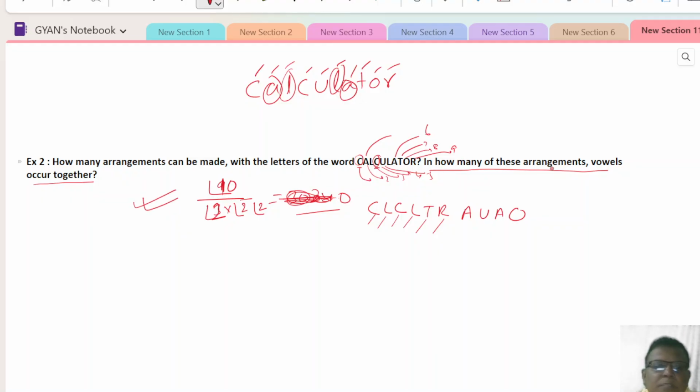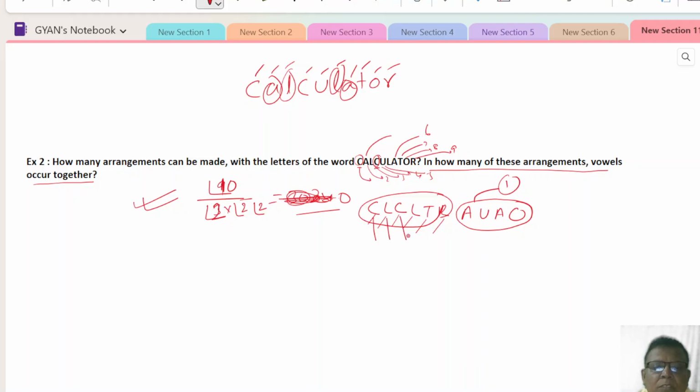And how many of these arrangements have vowels together? Vowels together means they will be together as one entity, because we have learned earlier that together means a separate entity. So how many are there?